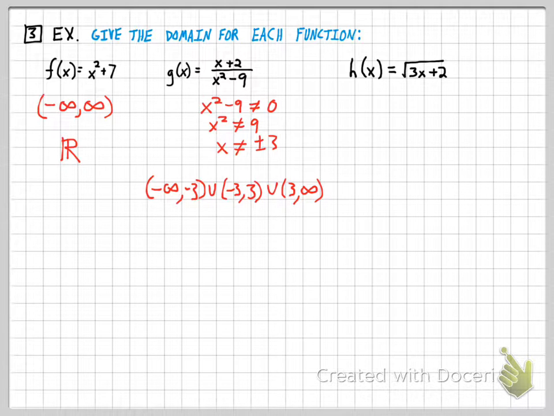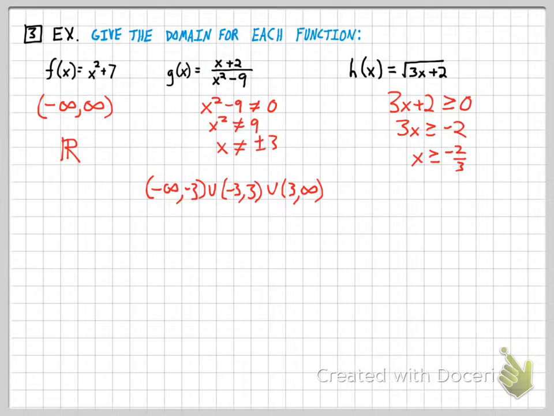Alright, our last one over here, we talked about not having the even root of a negative number. So when I see any problem with an even root, square roots for example, I want to make sure that the stuff inside is greater than or equal to 0. And that means that 3x has to be greater than or equal to -2, and x has to be greater than or equal to -2/3.